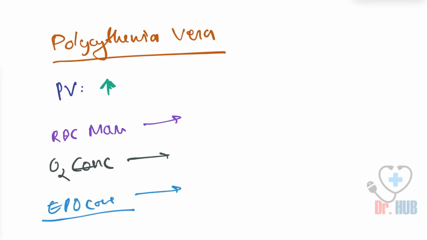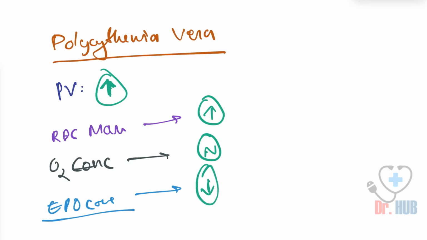The plasma volume increases, as well as the RBC mass. The oxygen saturation remains normal, whereas the EPO concentration decreases. This is the only place where the EPO concentration decreases. That is polycythemia vera.